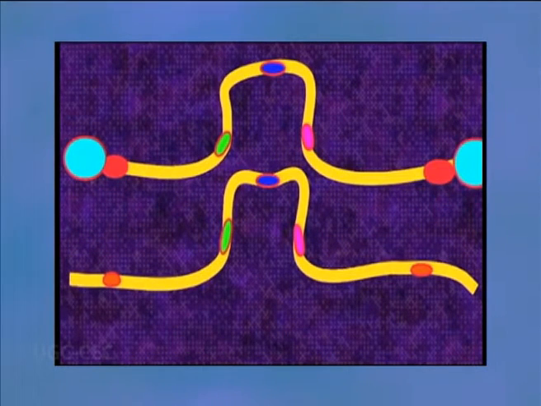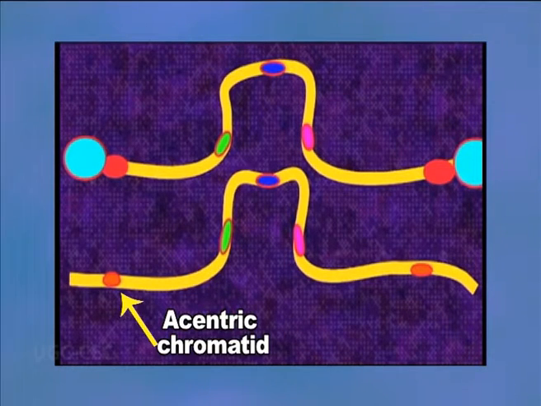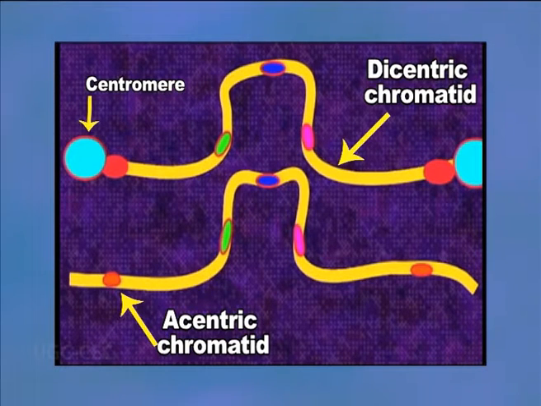Thus, at the end of meiosis, there are two non-crossover chromatids, one eccentric chromatid and one dicentric chromatid. The eccentric and dicentric chromatids are inviable. So, only the non-crossover chromatids form the viable product of meiosis in paracentric inversion heterozygotes.